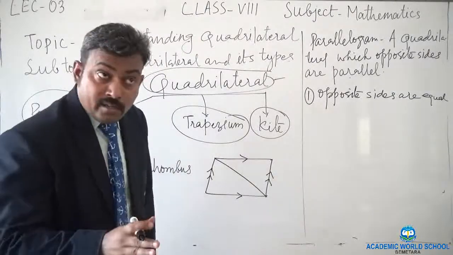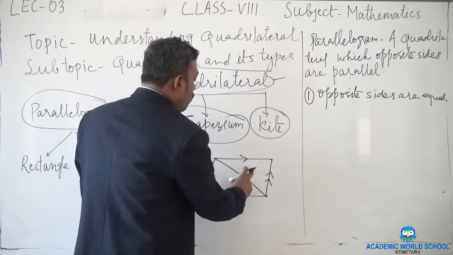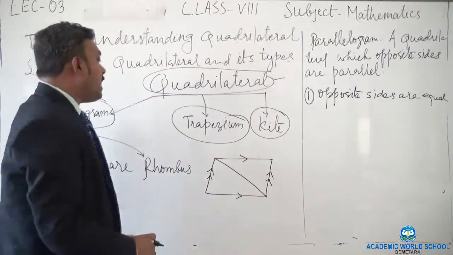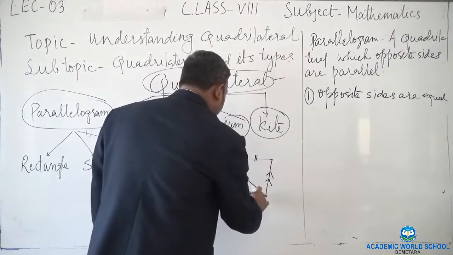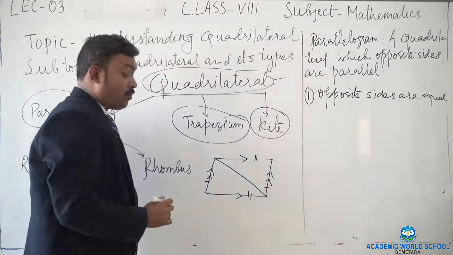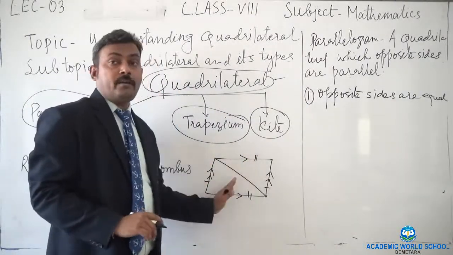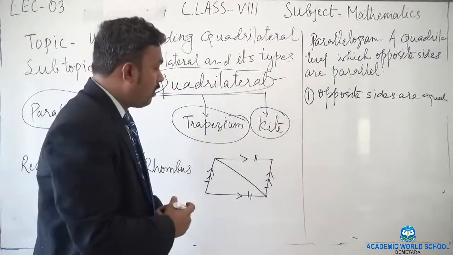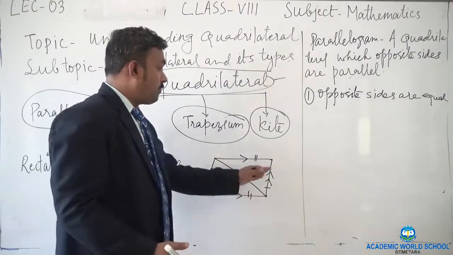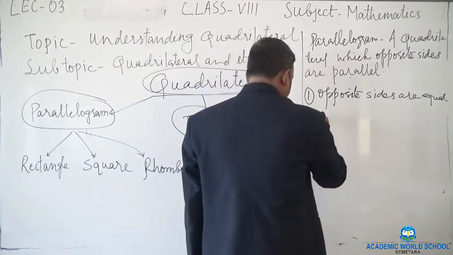Two congruent triangles means the diagonal divides the parallelogram into two equal triangles, and because of that the opposite sides are equal.